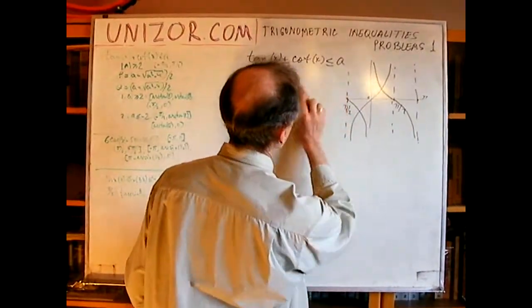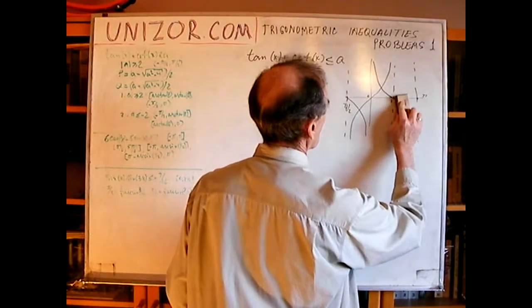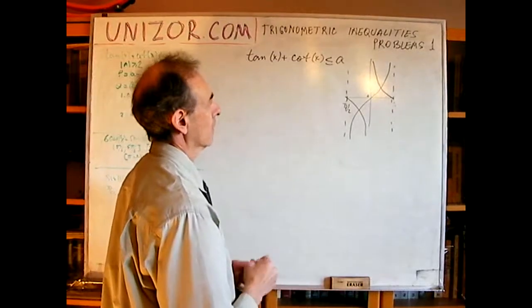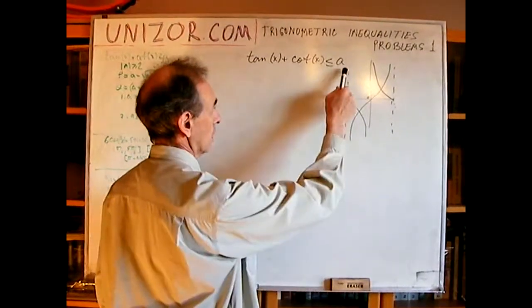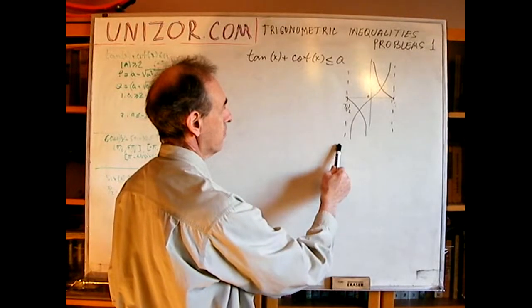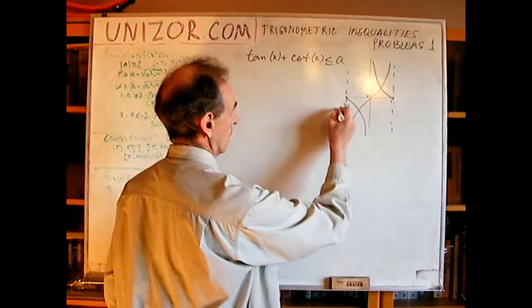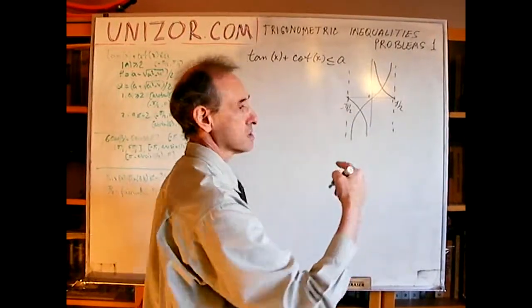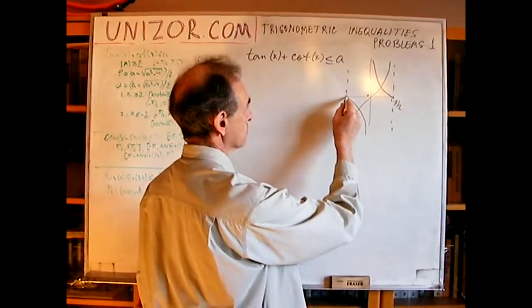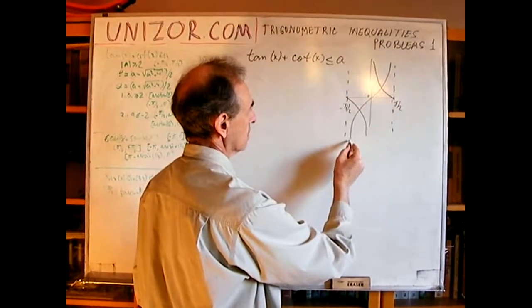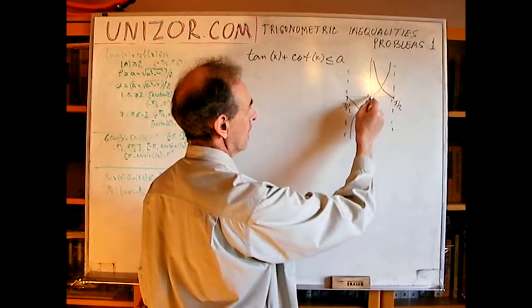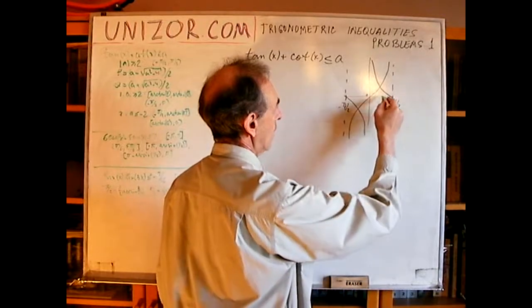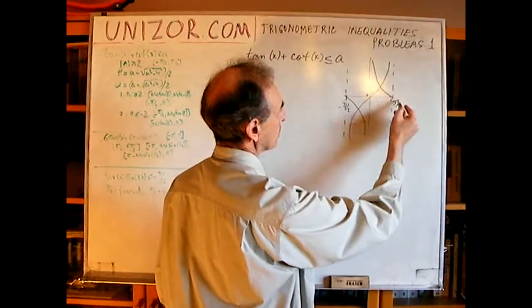So let me wipe this out so it does not disturb us. And let's sum them together. Now, obviously, minus pi over 2, 0, and pi over 2 are asymptotes, because at this point tangent goes to infinity, at this point cotangent goes to infinity, and at this point, again, tangent is equal to infinity.